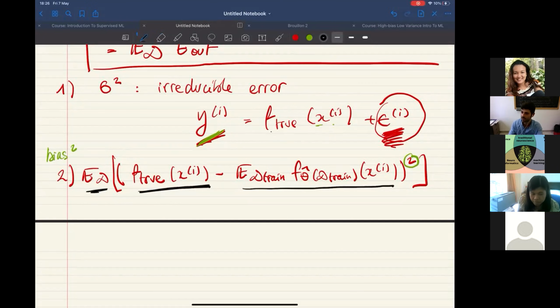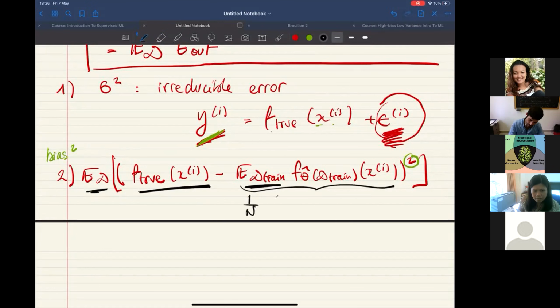Why is that the optimal estimate of our hypothesis class? Because it is our estimate averaged over the training data. You can think of this statistical average as the limit of the empirical average, where the number of training samples goes to infinity.